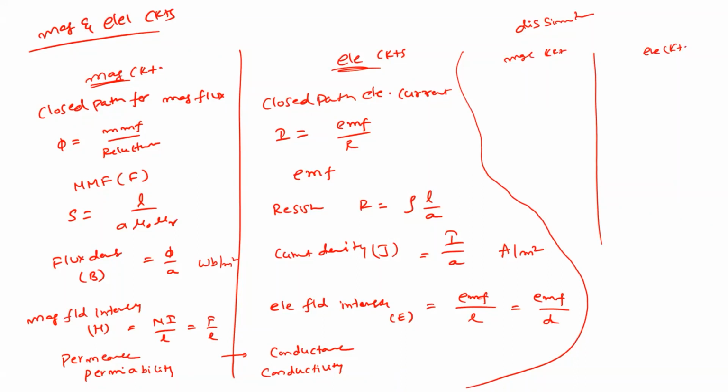But in a magnetic circuit, is the flux flowing? No, flux doesn't flow. That is our assumption, the magnetic flux is imaginary. Whereas here the current actually flows. We have the movement of electrons, therefore we have the current.